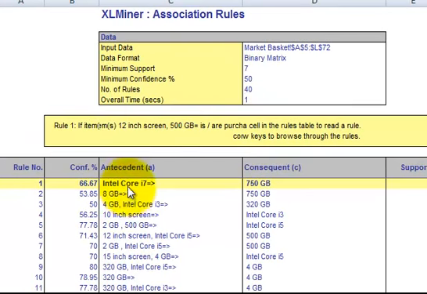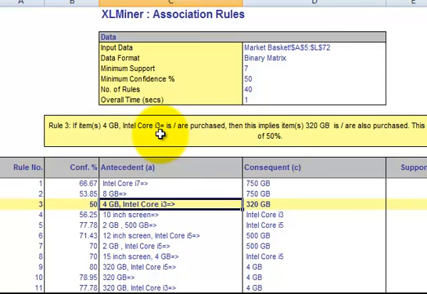Now what's neat about this is if you highlight this, it tells you all the information, the confidence level, if a 12-inch. So this is my if this, the consequences of this, and you can see all the different relationships, and you can hover over this, and you can see if an Intel 4 gig is purchased, it implies that the 300G is also purchased.